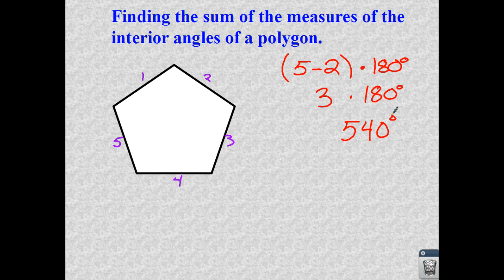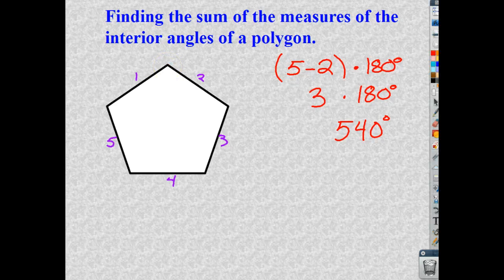All right, now why this formula? Okay, so the thought is we can take one of our vertices, one of the points at which our line segments meet, and we can create these diagonals. So I'm going to create a few diagonals here for you.